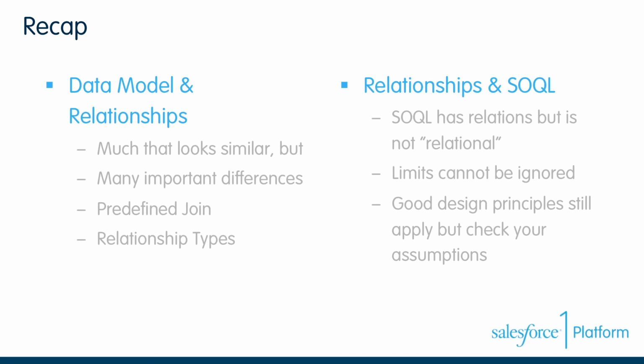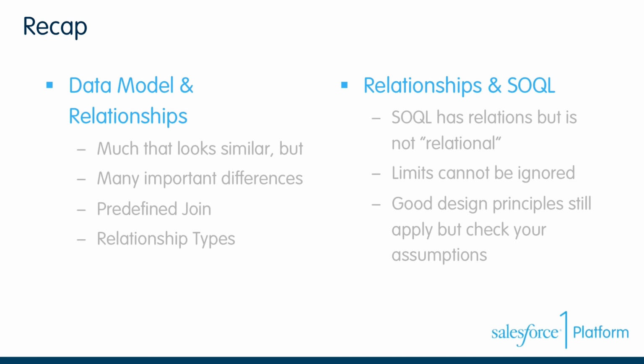One of the key concepts is this idea of the predefined join. You have to tell Force.com what is the foreign key, what is the linking object, the linking field between objects, and what type of relationship it is. Is it a master detail or is it a lookup? So there is the concept of relations, but it's not a relational database in the pure sense of the term.